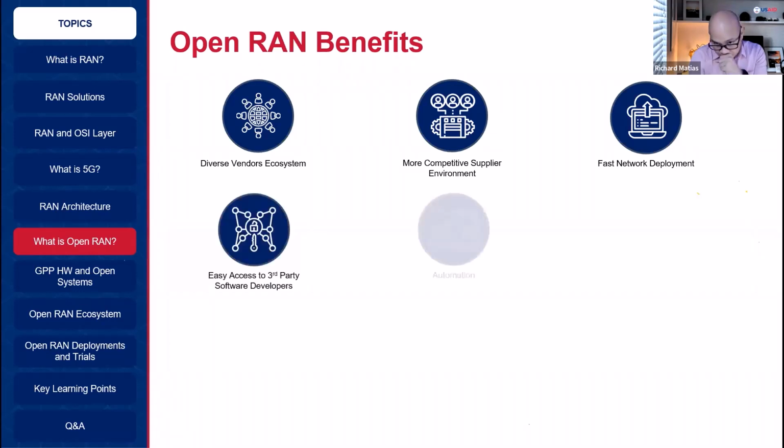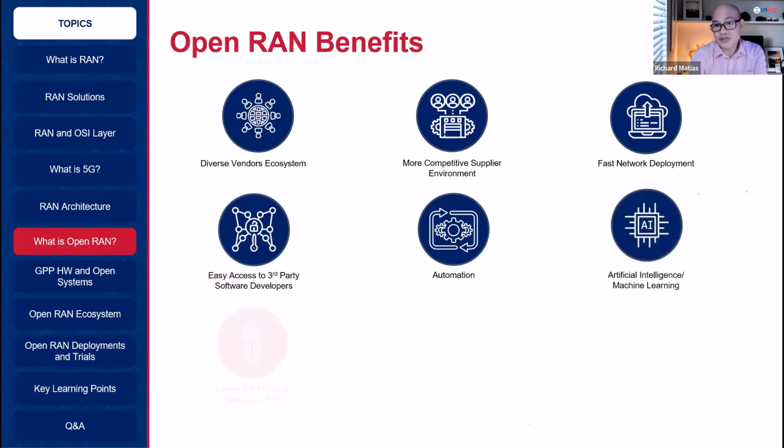And then we will have a lower total cost of ownership. TCO, total cost of ownership, is the cost you incur when you buy that network plus the maintenance cost. The total cost of ownership will become lower because you will be using the white box concept for the remote unit.